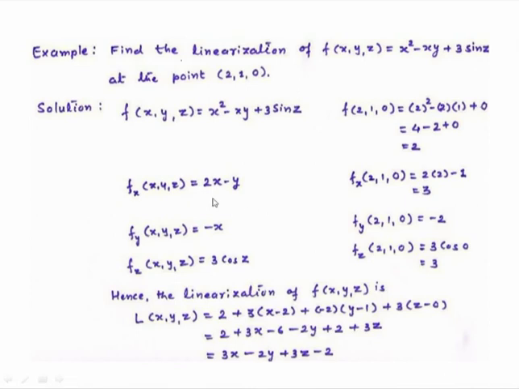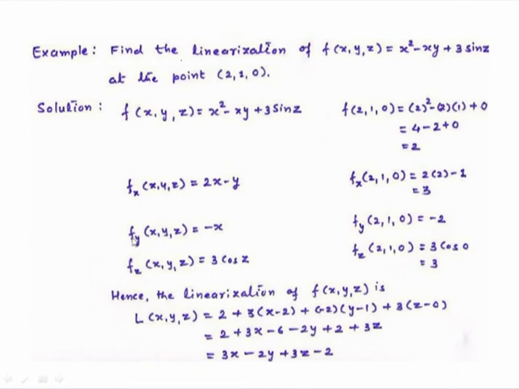So we get 2x minus y, and substituting 2, 1 and 0 for x, y, z, the partial derivative fx at the point 2, 1, 0 is 2 into 2 minus 1 into minus 1. So 4 minus 1 is 3.